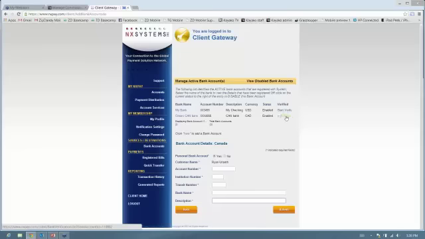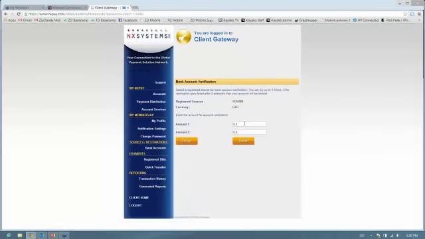You'll see it says in process, and you can enter what those two small transactions were, the amount of those transactions. When you do that, that is verifying because you were able to get into your account ledger on your bank and say, okay, yeah, I saw those two transactions, this is what they were, and that allows you to create your bank account within your e-wallet.